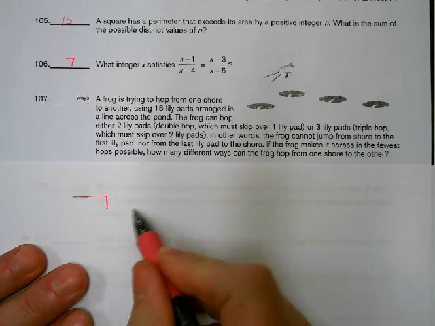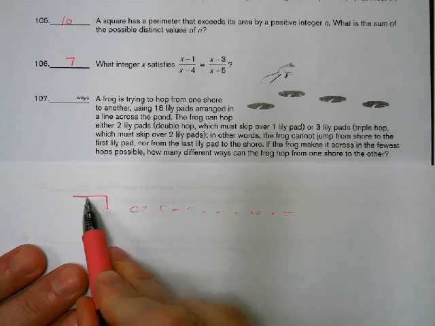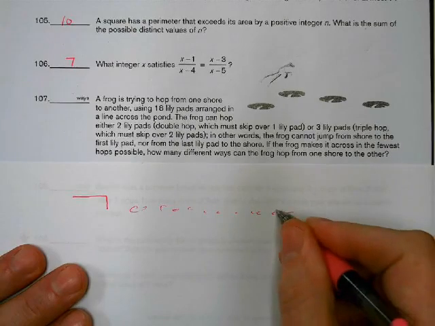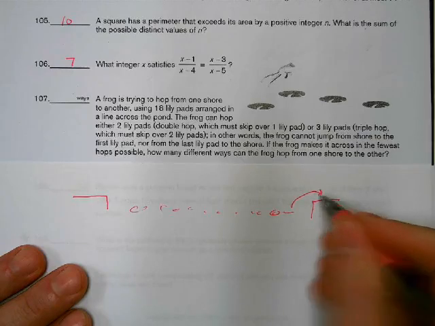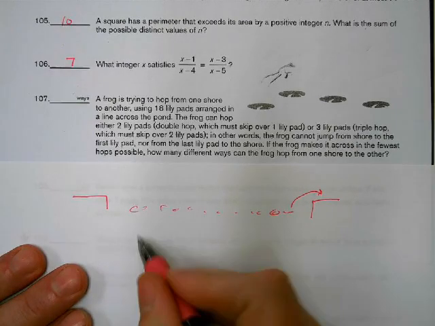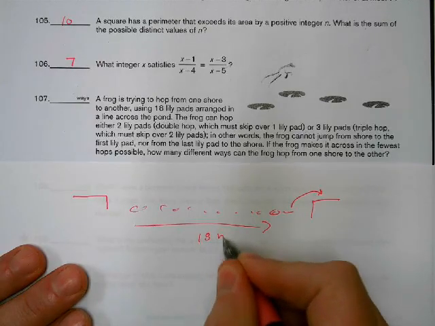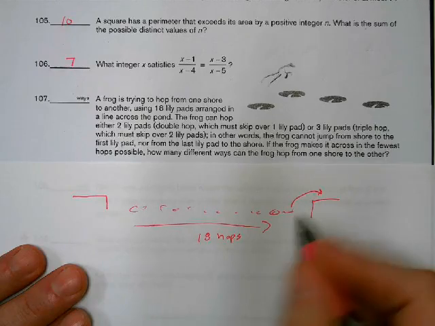So if I hop, that's 18 different places to hop to. But then you have the shore, one more hop over here. So you've got a total of 18 hops for the lily pads, single hops. But then you still have to get onto the shore, so there's one more hop there. We've got 19 hop spaces.